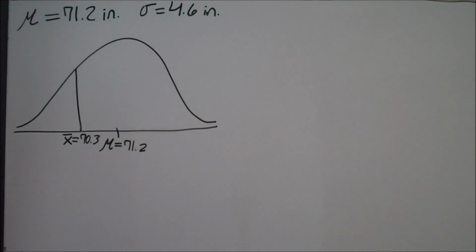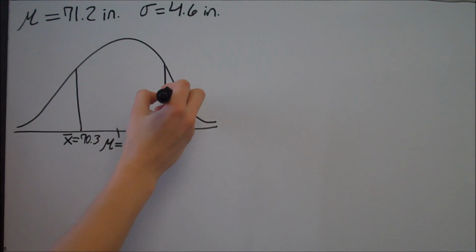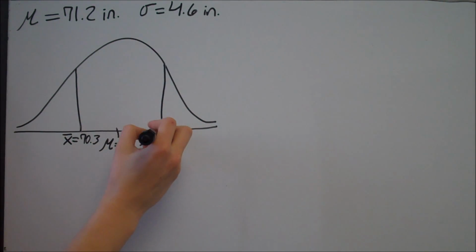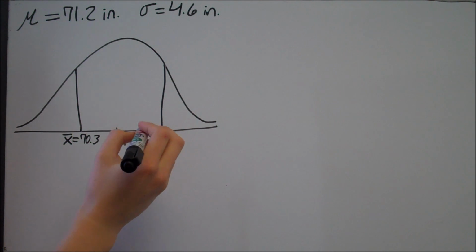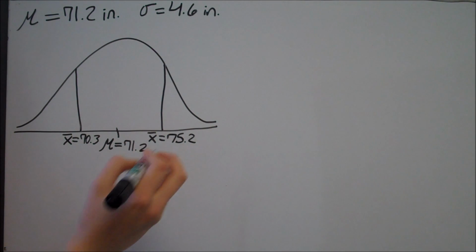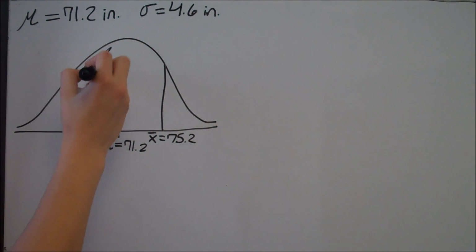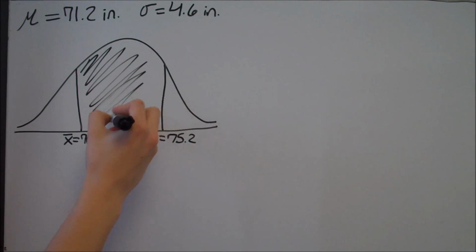And our other limit is 75.2 inches, and that's going to be on this side of mu. We'll put x bar equals 75.2 inches. So the probability that we're looking for is between these two limits. So we'll go ahead and shade that in.